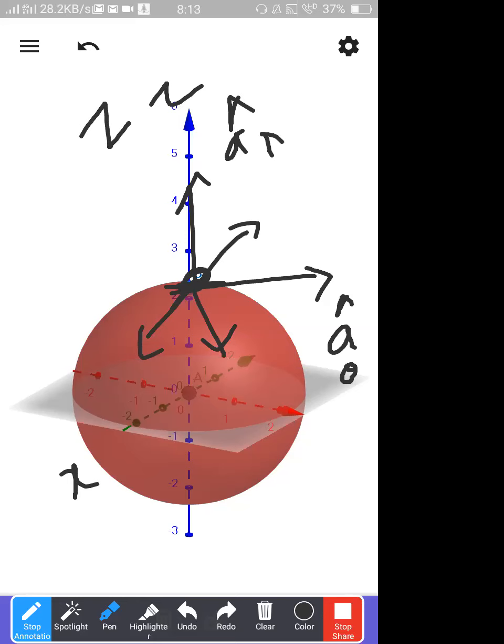So what is that value? It will be 0. Please note down that theta is measured from the z-axis, and that is also 0. And phi is also 0.